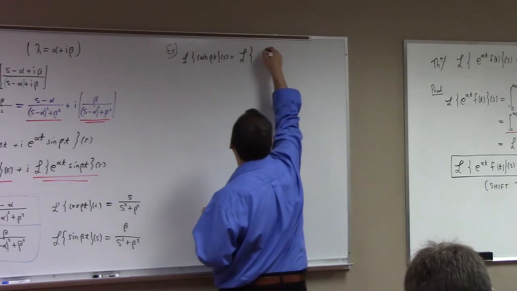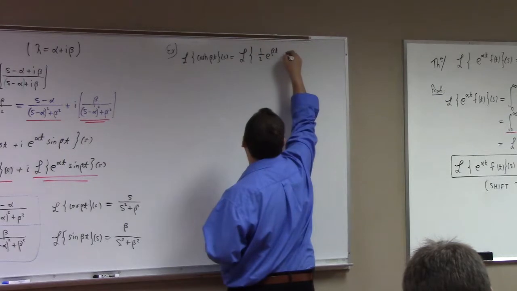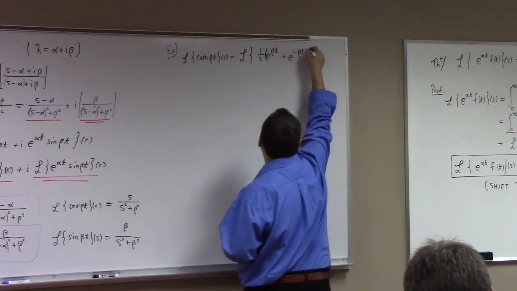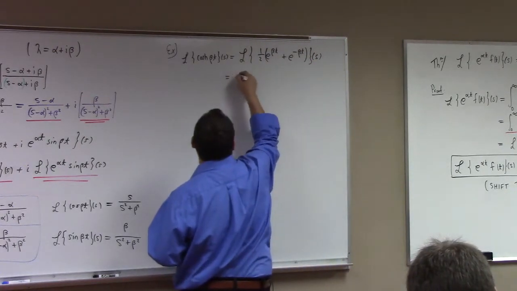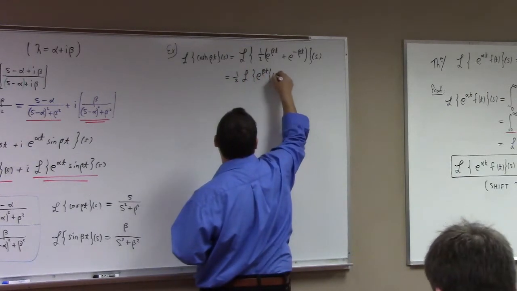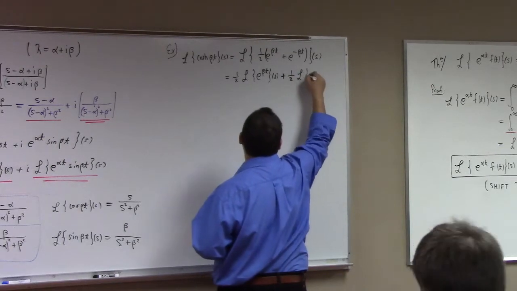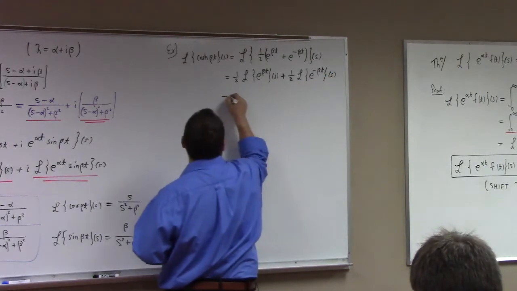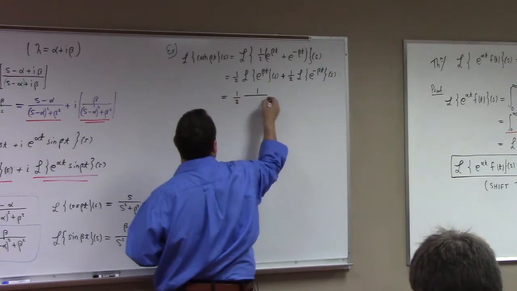So this would be 1/2 of e to the beta t plus e to the minus beta t, by the definition of hyperbolic cosine beta t, right? Now let's use additivity. We'll pull out the half: 1/2 the Laplace transform of e to the beta t plus 1/2 the Laplace transform of e to the minus beta t, right? What does that give us? 1/2 times 1 over what?